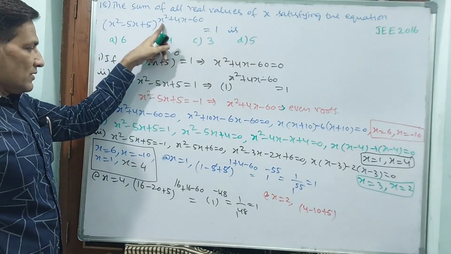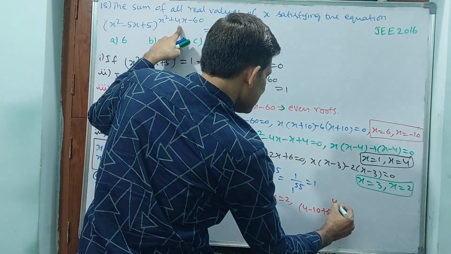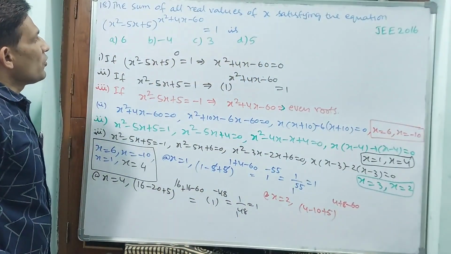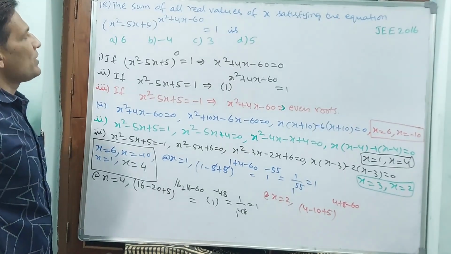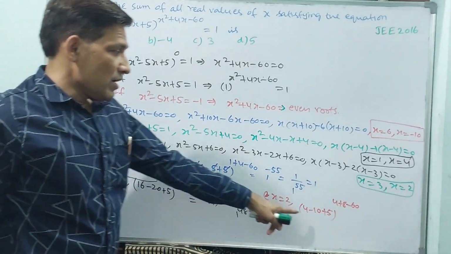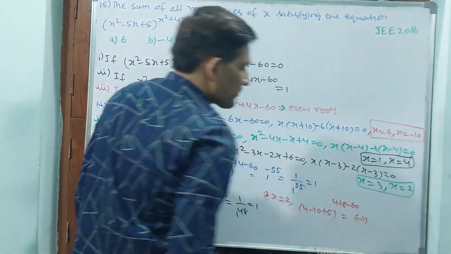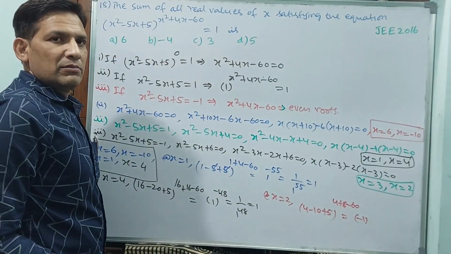Power, 4 plus 8 minus 60. 2 square is 4, 4 into 2 is 8, so 4 plus 8 minus 60. 4 minus 10 plus 5 is minus 1. Minus 1 power minus 60 plus 12, minus 48.